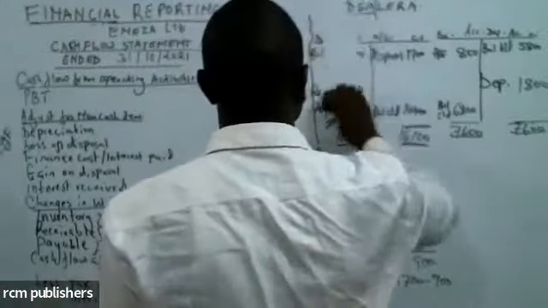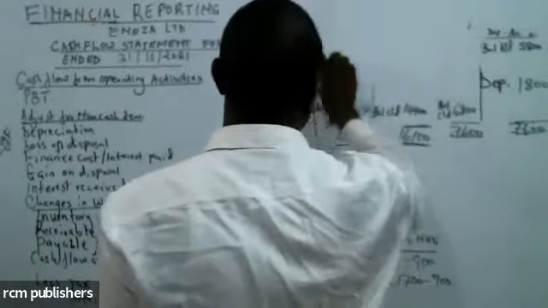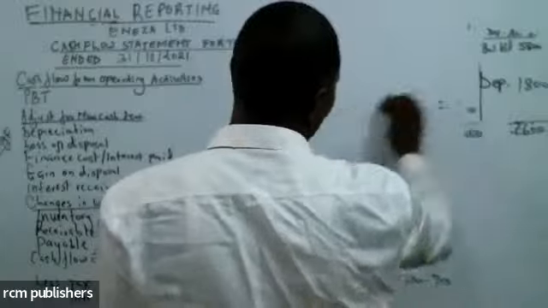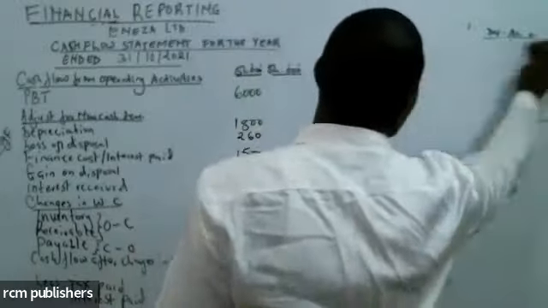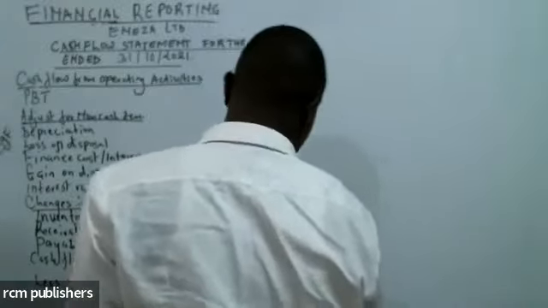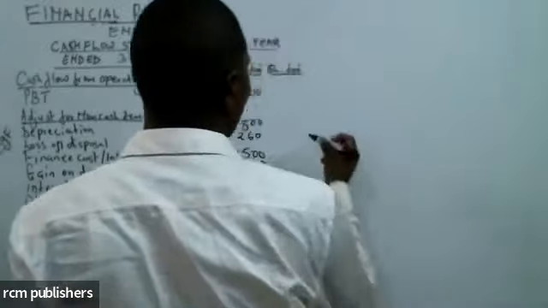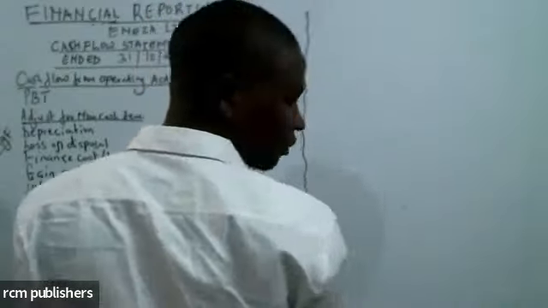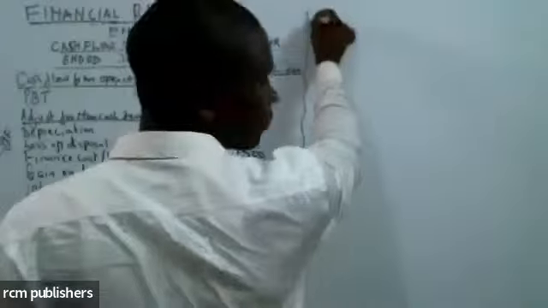From operating activity, net cash flow from operating activity, as we are having 2560. Net cash flow from operating activity, as we are having. So we shall have this.